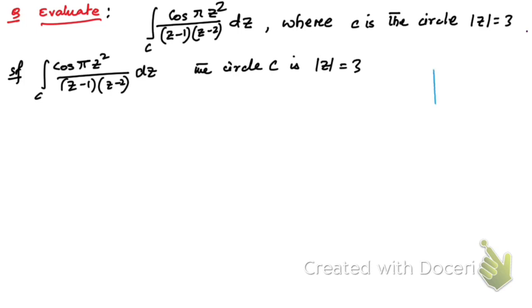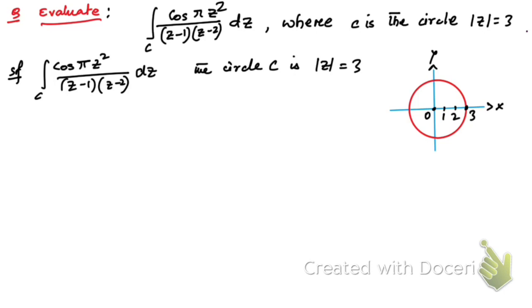So again let's make the circle. Here again this is the origin O, 1, 2, and this is 3, right?